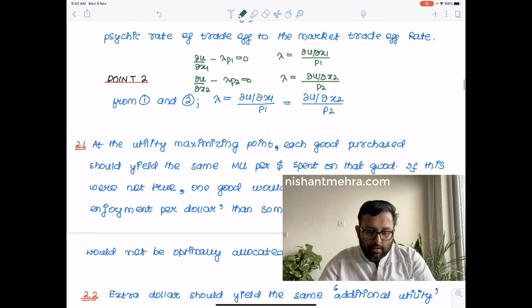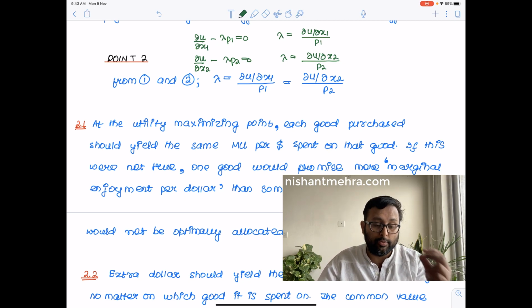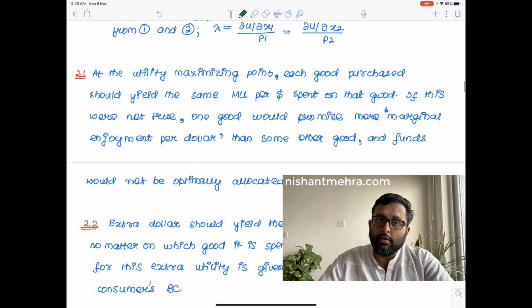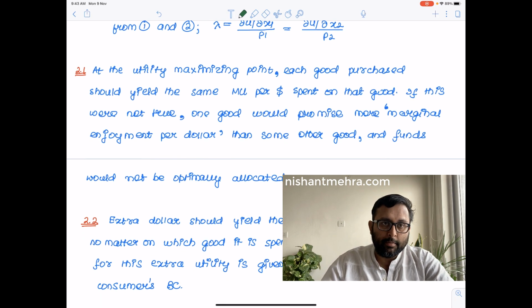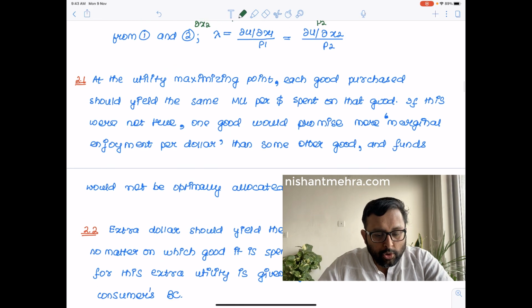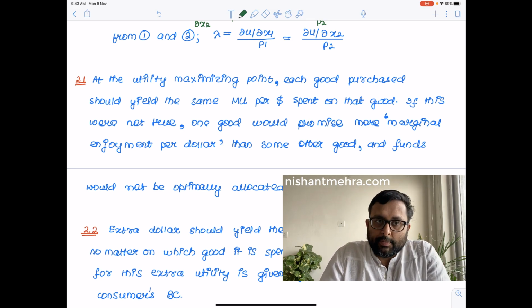So how do you interpret this? If you are at the utility maximizing point, then whether you are purchasing x1 or x2, both of them should give you the same marginal utility per dollar spent. Then you are at the point where your utility is maximum. That's what it is trying to say.